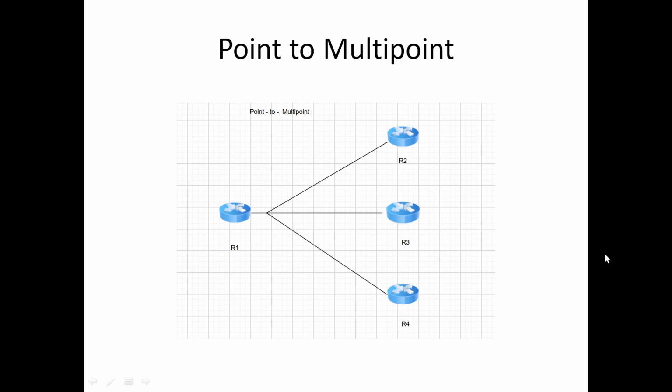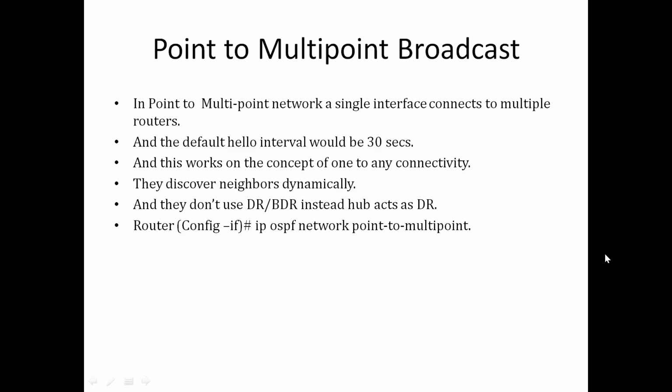And the third one is point-to-multipoint. Here a single router connects to multiple routers on different subnets. And here the default hello interval would be 30 seconds. This works on the concept of one-to-any connectivity. And here they discover neighbors dynamically. And here they don't use DR or BDR.